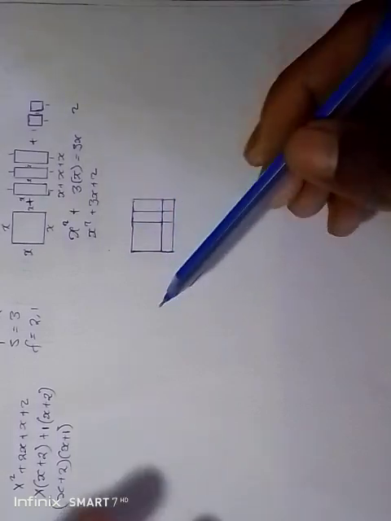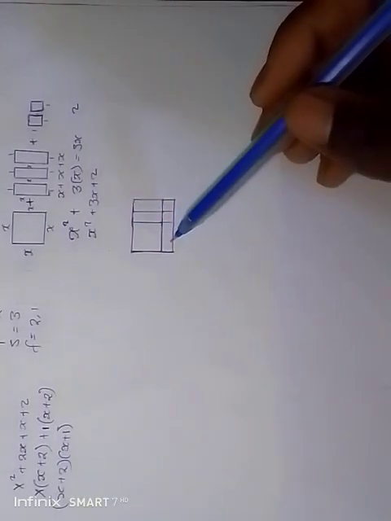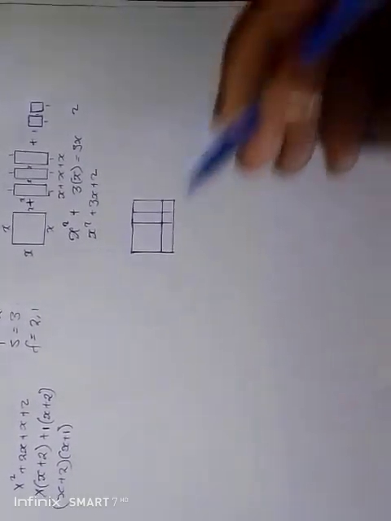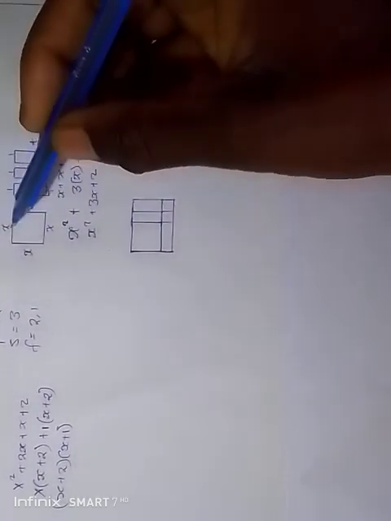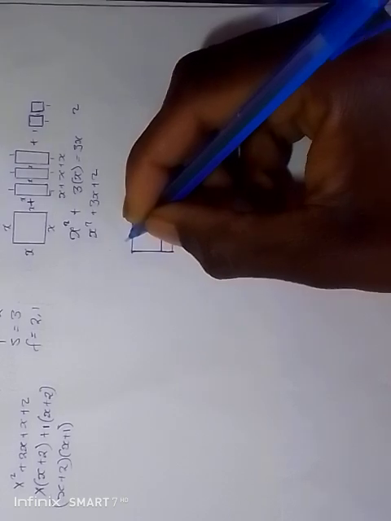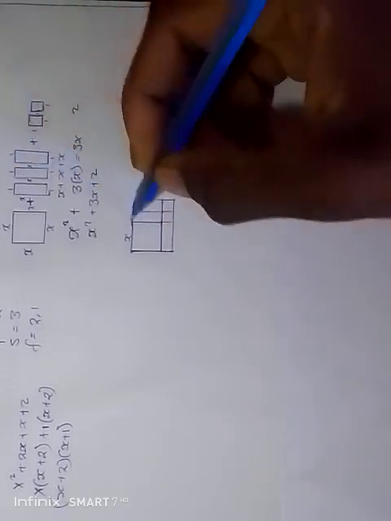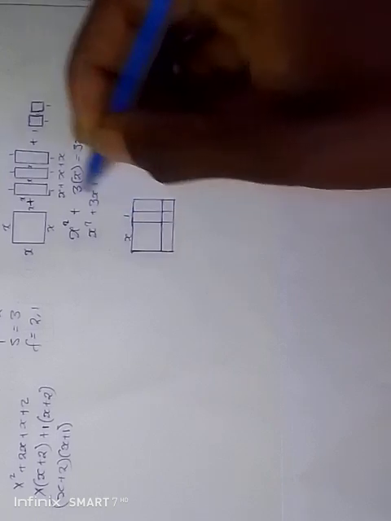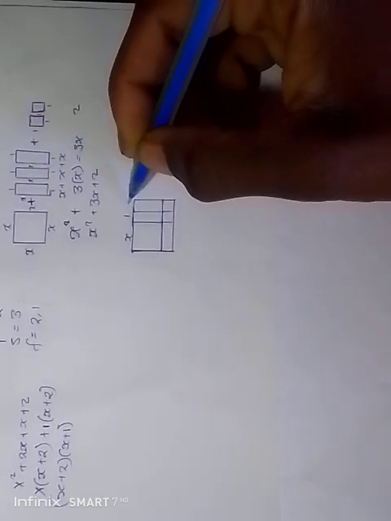It's a square. It might not be a square because when drawing I may not be accurate, but this should be a square. Okay, so now here we are going to write the values that we are seeing around this. So this square has x, so the distance from here up to here, it's x, and the distance from here up to here, it's a 1. You can see nicely there. And also this one, it's a 1.